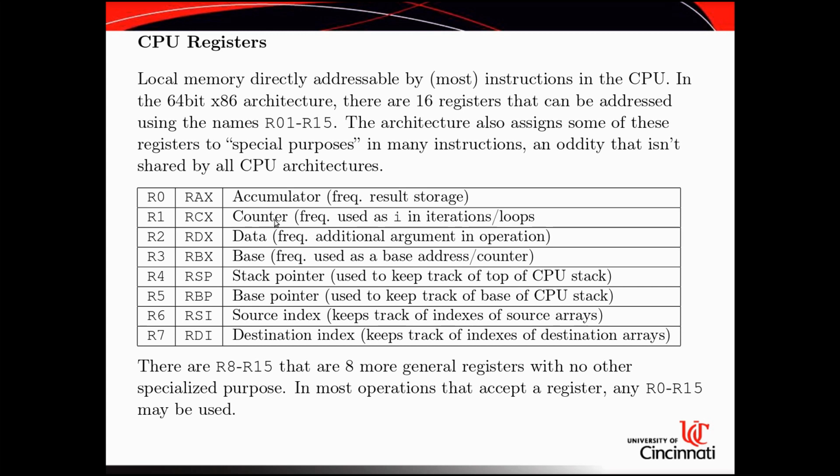And then again, if you're writing assembly language, you want to beware that the RCX or the CX counter may get modified by some of the looping instructions. The RDX operand is frequently used as an additional argument in some operations.